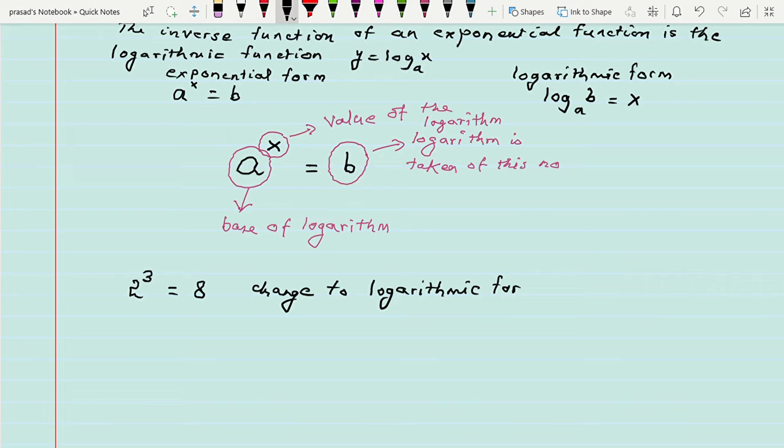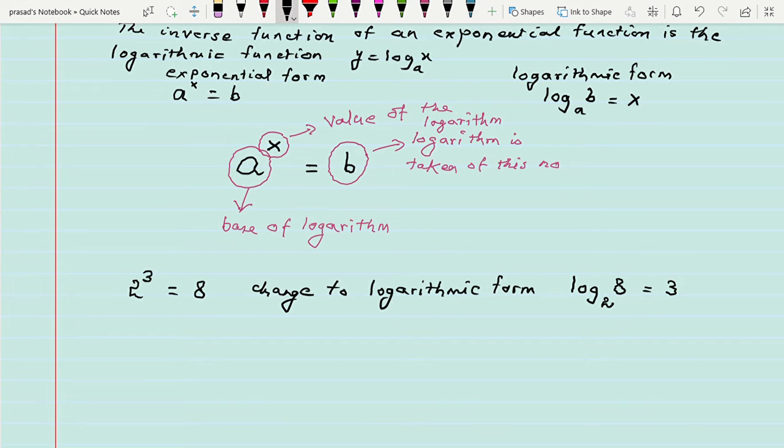That means here I will take the log of 8, that is the value of the exponential form. Now 2 is the base in the exponential form, that will become the base of the logarithm, and 3 is the power or the index, that will become the value in the logarithmic form.